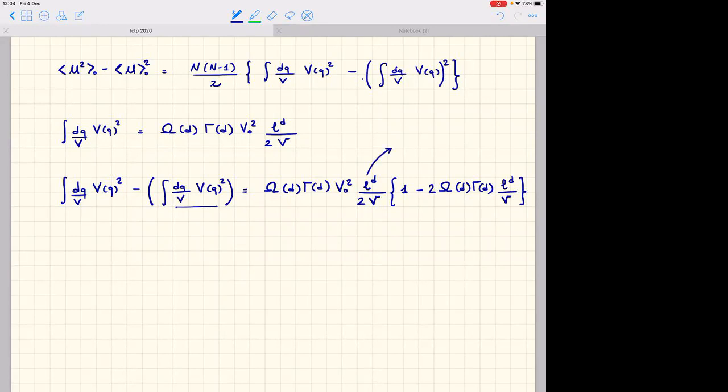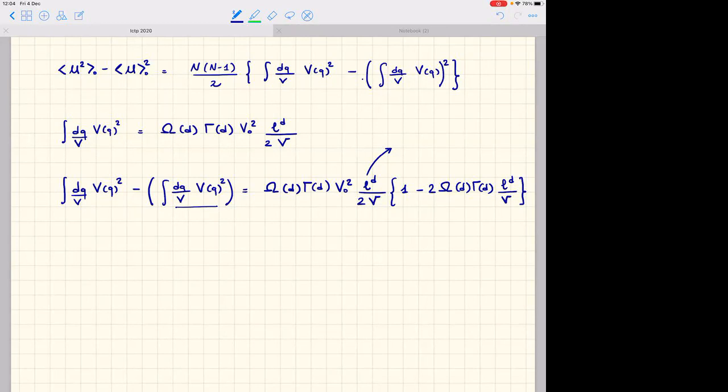It means that the volume that contains the gas is much, much bigger than the reduced volume of the number of particles.